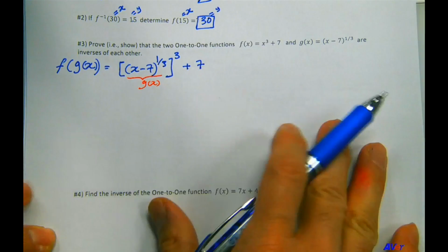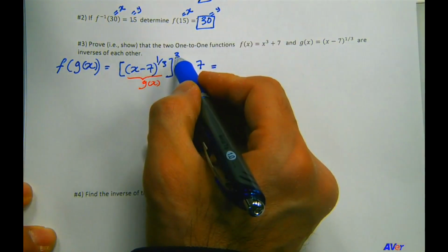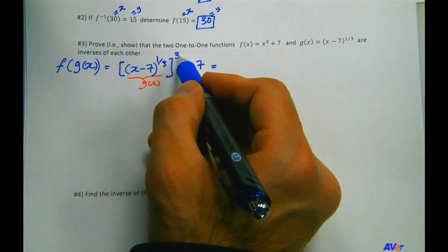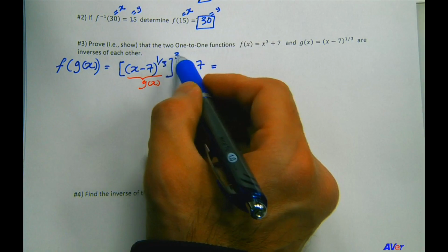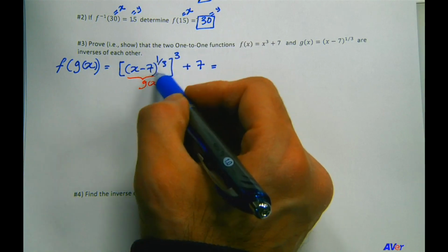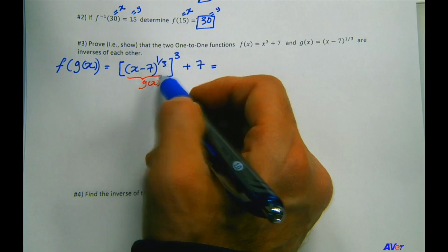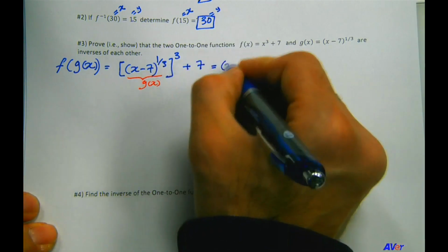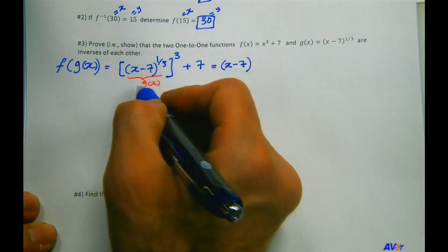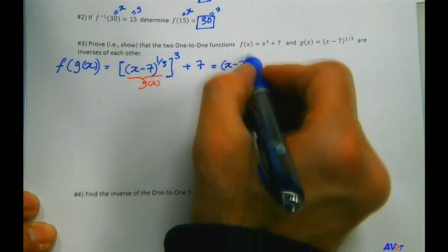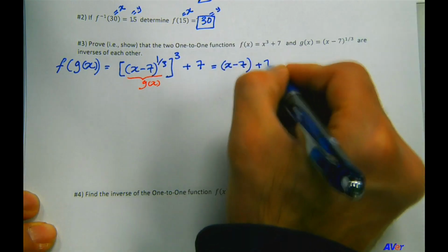Okay, so now let's simplify. This power on the outside, as we learned before in chapter 1, multiplies itself by the power on the inside. So 3 times 1/3 is 1, and we end up with x minus 7. The powers are gone; they multiplied to 1, plus 7.